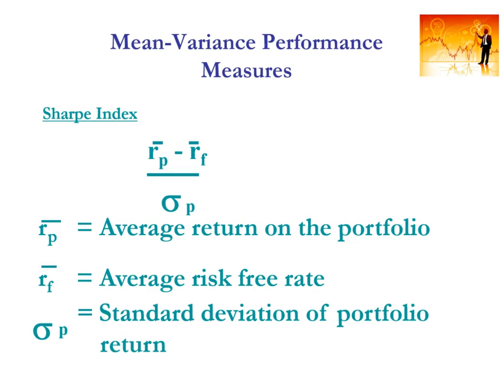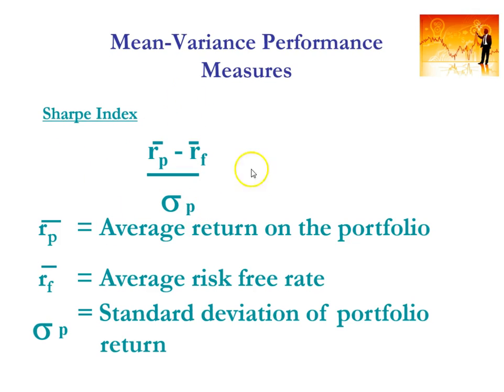So starting with mean variance performance measures. First of all, the Sharpe index or the Sharpe ratio. So we've got a pure risk-return trade-off here, where our numerator is the excess returns generated by the portfolio, or the portfolio's returns less the risk-free rate, and the denominator is the standard deviation of returns generated by that portfolio.